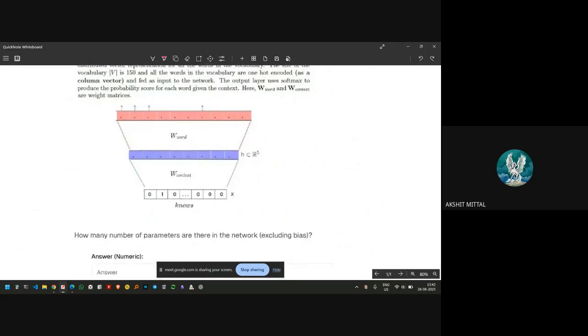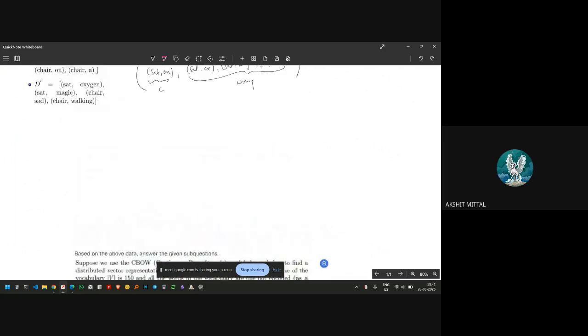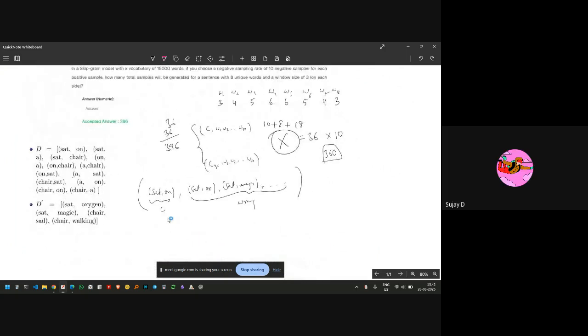So while counting, we need to total them first and then multiply. So what is the final formula? D into k plus 1. Like, the correct one is sat on, and then sat with the wrong ones; for 1, we have D dash plus 1. This one, 360 plus 36 for a complete.